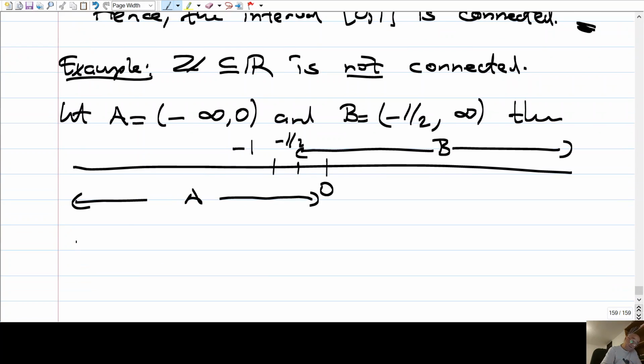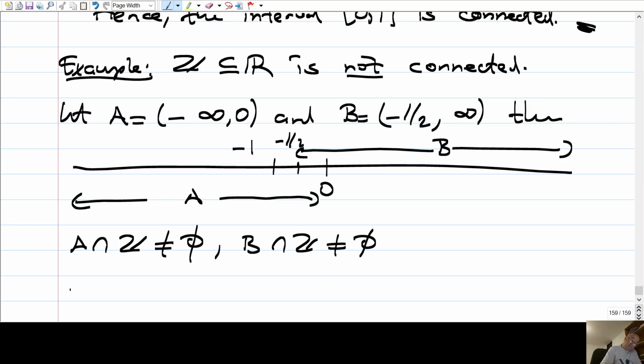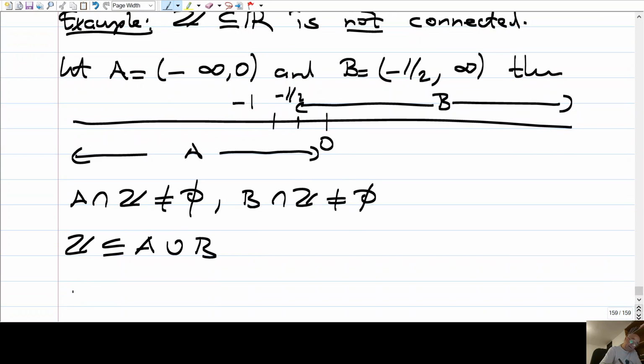Okay, so you see A intersection Z is of course not empty. B intersection Z is not empty. Clearly Z lies inside A union B, and the intersection of A and B is the open interval minus 1 over 2, 0, and that interval contains no integer, right?